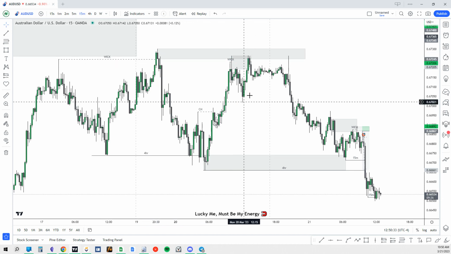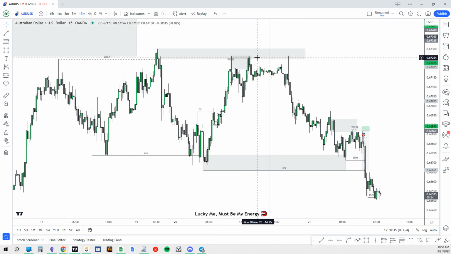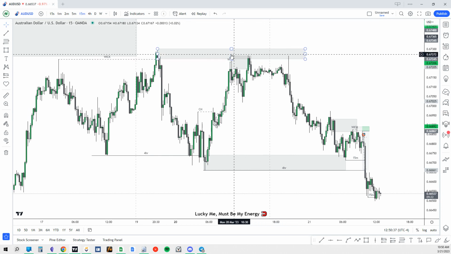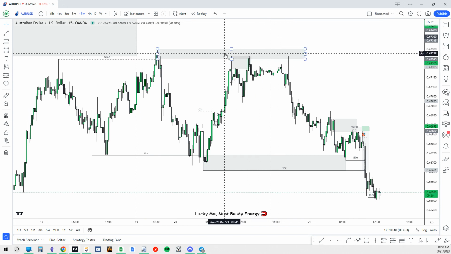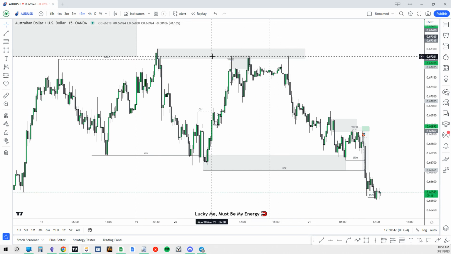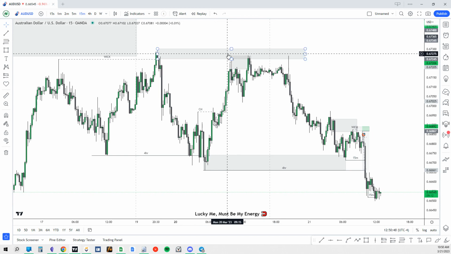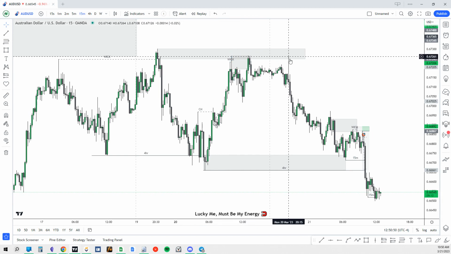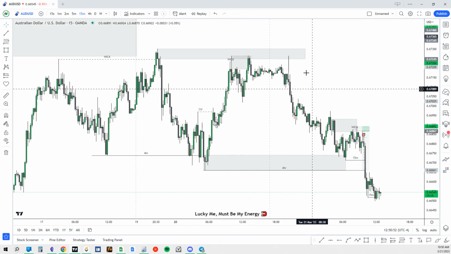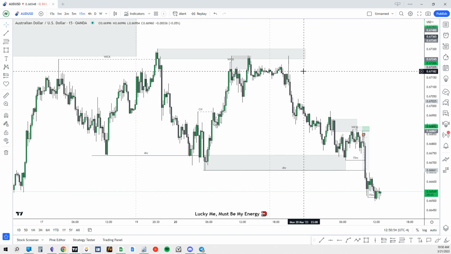At the time of mitigation, we then see it come back up, and it actually caused what retailers would consider resistance, I think. I can't even remember anymore. Basically there are equal highs right here to short from, which I'll get a little bit more in depth on in a minute.